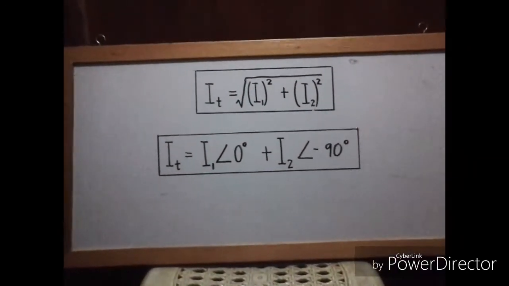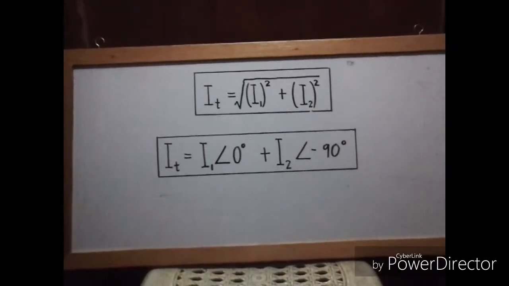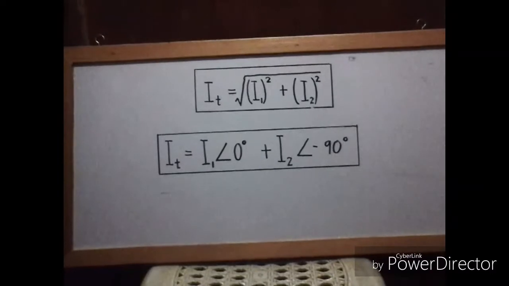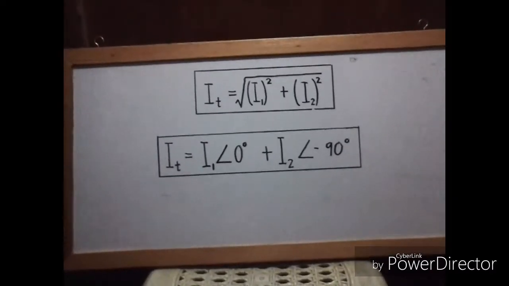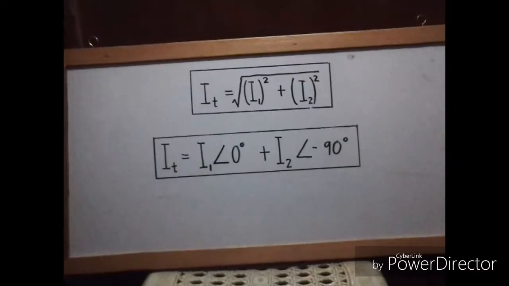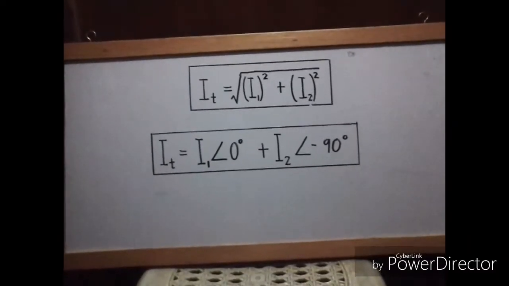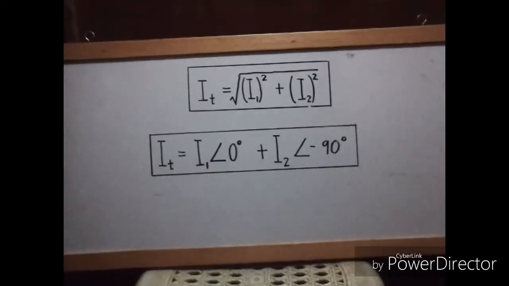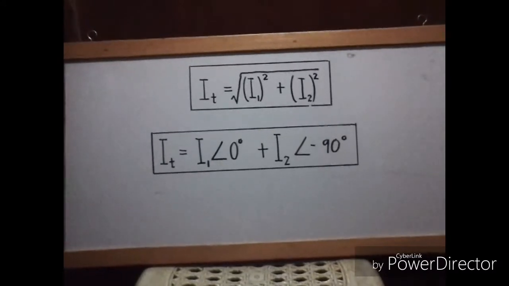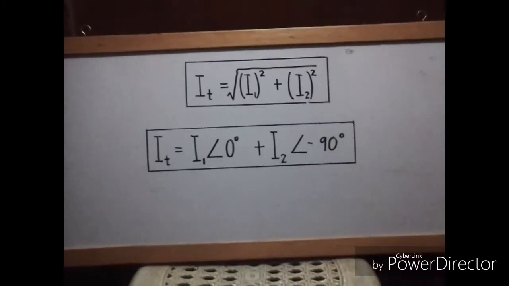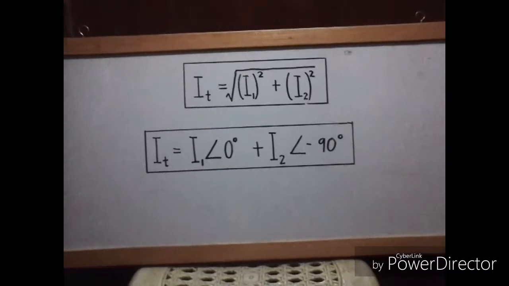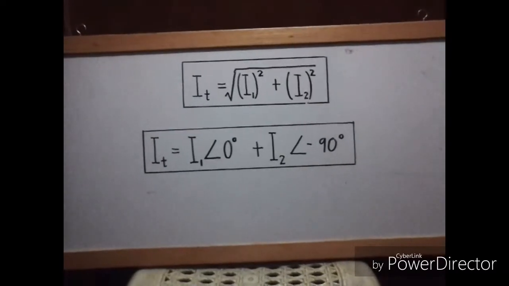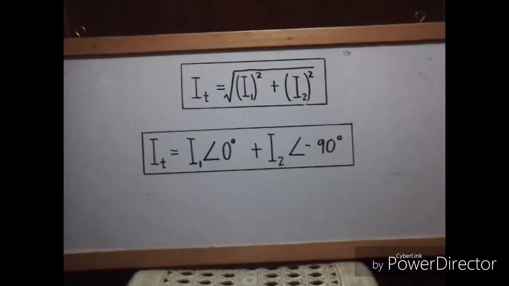With the help of the graph that forms a right triangle, we now construct the formula for the resultant wave. IT is equal to the square root of the sum of I1 squared and I2 squared. Or put it in another way, IT is equal to I1 with phase shift of 0 degrees plus I2 with phase shift of negative 90 degrees. This means that I2 lags I1 by 90 degrees.